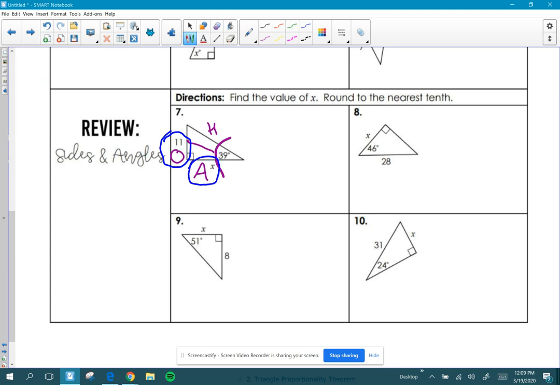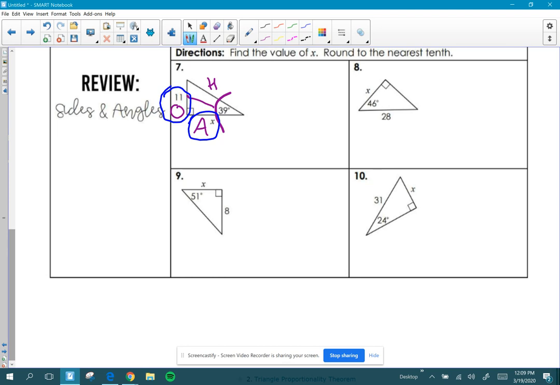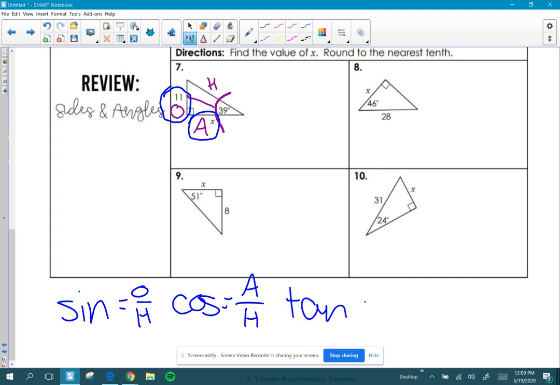In this case, I have A and I have O. Now, if you remember our functions, I have sine, which is opposite over hypotenuse, cosine, which is adjacent over hypotenuse, and tangent, which is opposite over adjacent. So in this example, I have an O and I have an A. I don't have anything to do with that H. So it can't be sine, it can't be cosine, it has to be tangent.